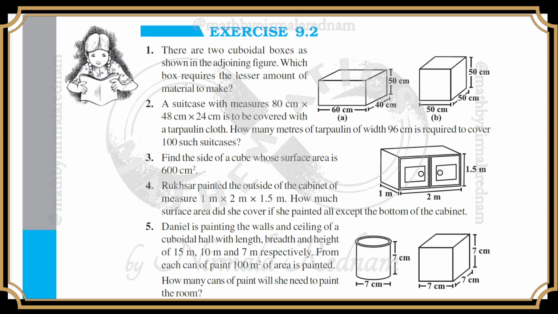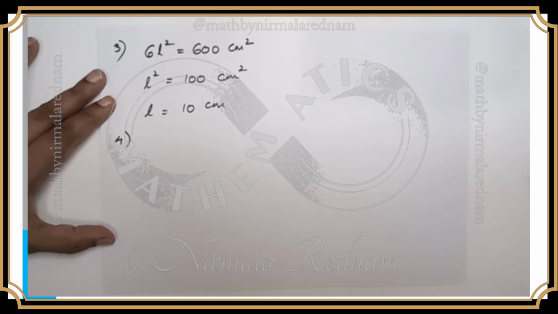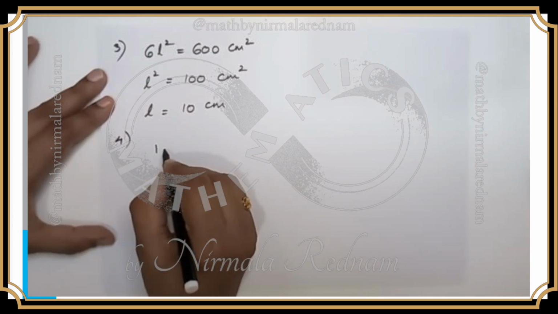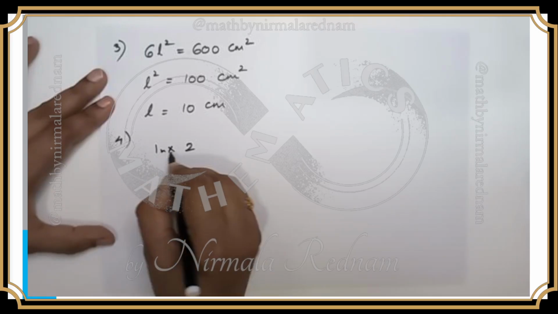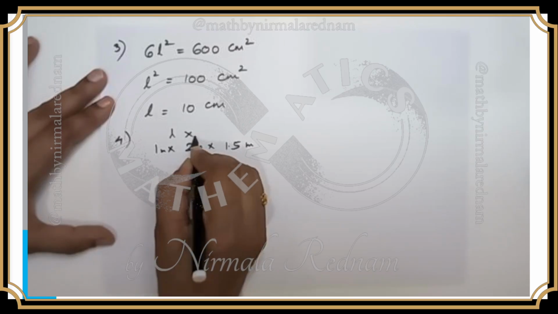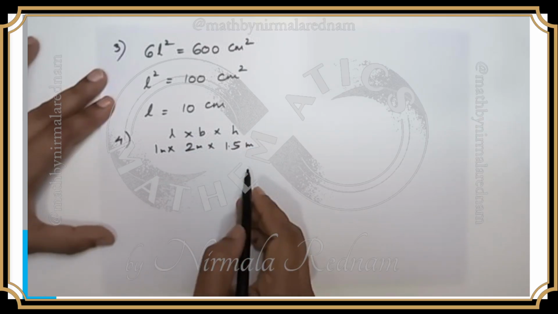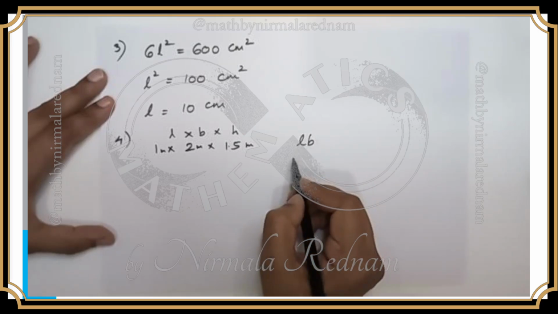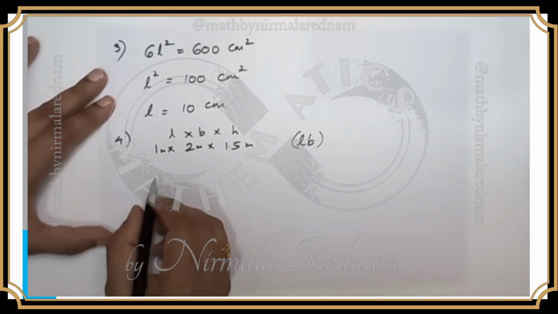So she's painted everything but the bottom, right? So let me write the dimensions first. 1 by 2 by 1.5 meters. So this is LBH. Now what will the bottom be? The bottom is going to be LB, right?